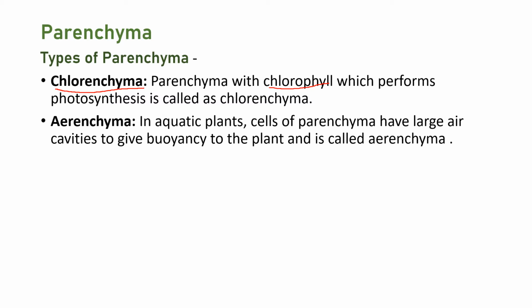So parenchyma which stores chlorophyll is known as chlorenchyma. Students, please don't get confused between these words. From chlorophyll the word has come: chlorenchyma, because students mostly get confused between chlorenchyma and collenchyma. So this is chlorenchyma, right?